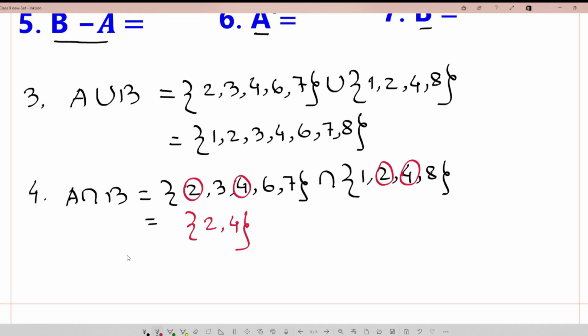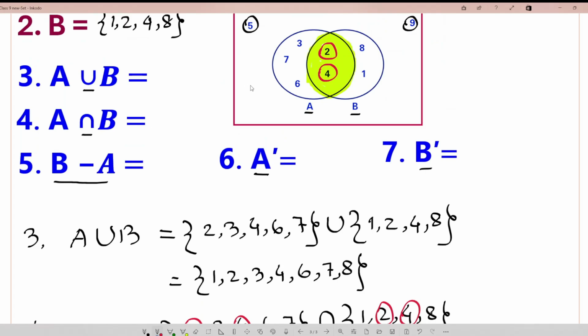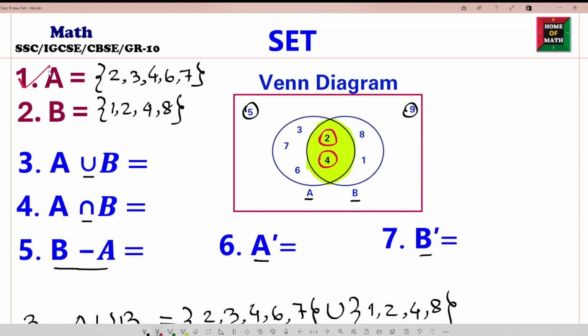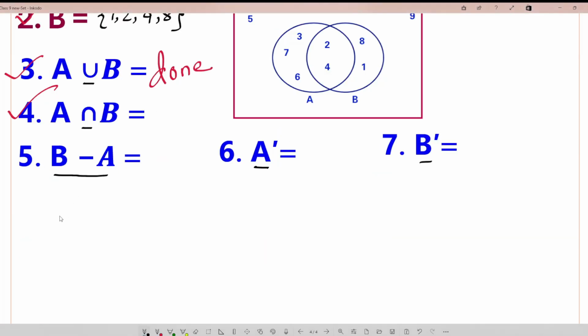Okay, so numbers 1, 2, 3, 4 done. Now number 5, difference set of B and A. Look, B minus A, what are the numbers in B?